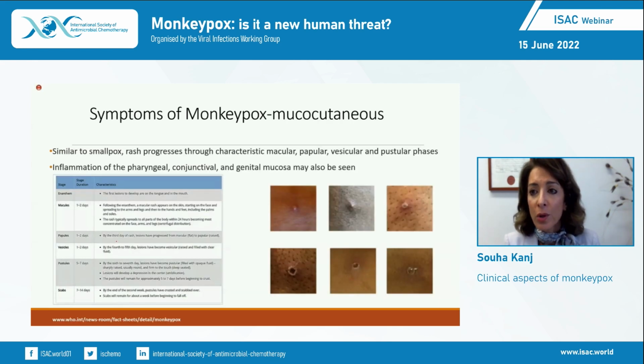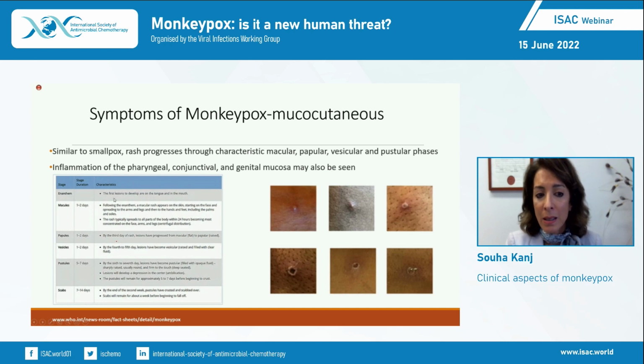What about the mucocutaneous manifestations? There is often inflammation of the pharyngeal, conjunctival, and genital mucosa. In terms of skin manifestation, the patient tends to have a rash that progresses through characteristic stages: macular initially, and then after a couple of days it changes to a vesicular rash, and then a pustular rash.